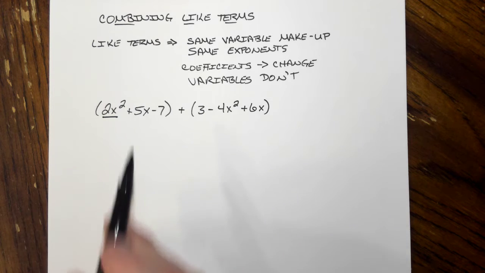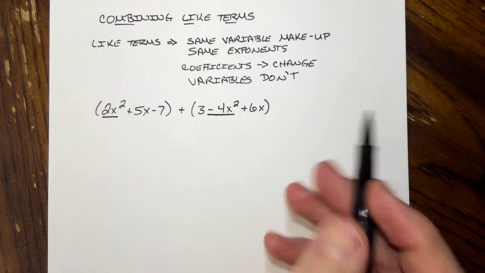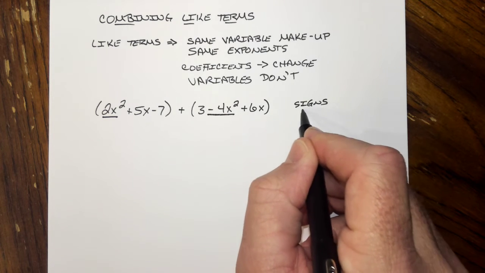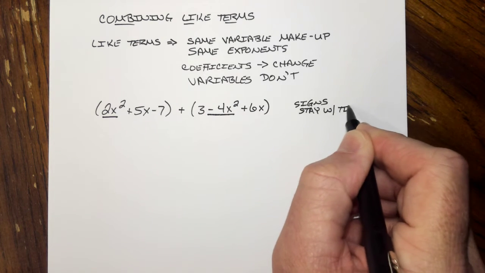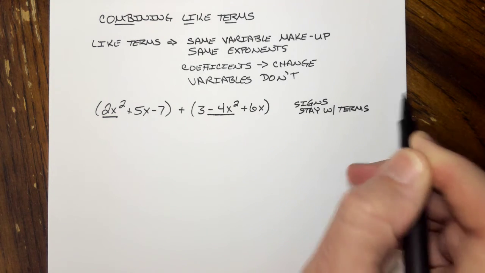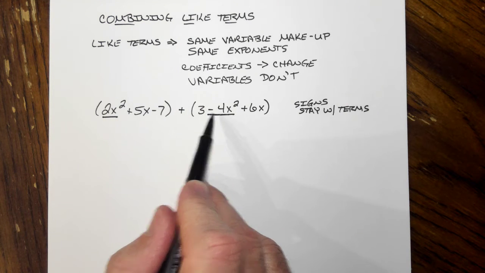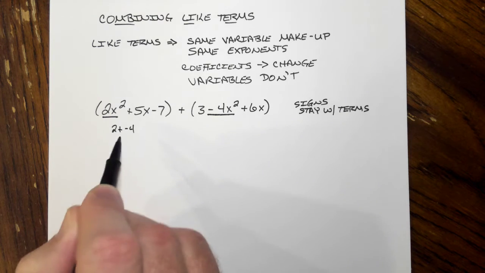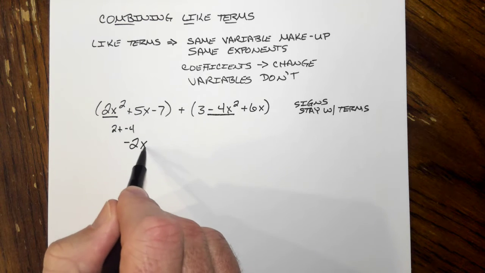So there's something squared. So I look here, no, but I look here and signs go with them. Signs stay with terms. So I see a 2x squared and a negative 4x squared. So what's 2 plus negative 4? That gives me a negative 2. Variables don't change.